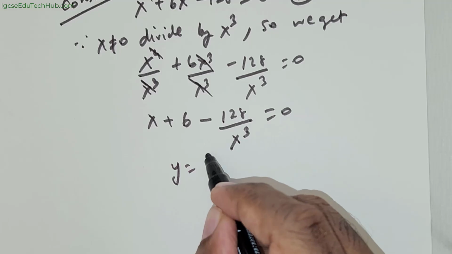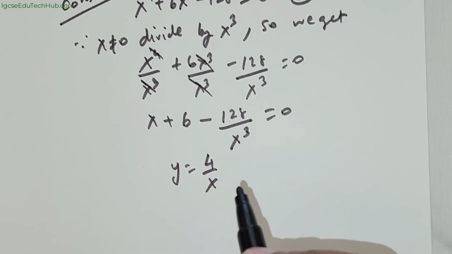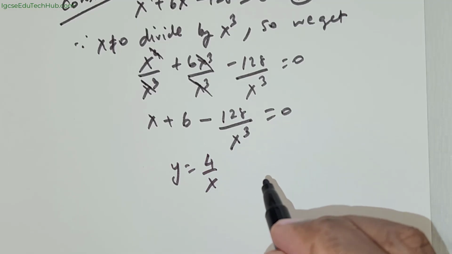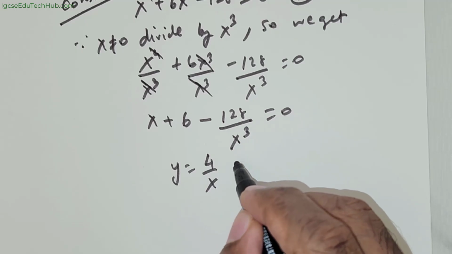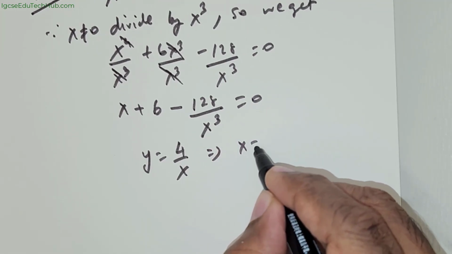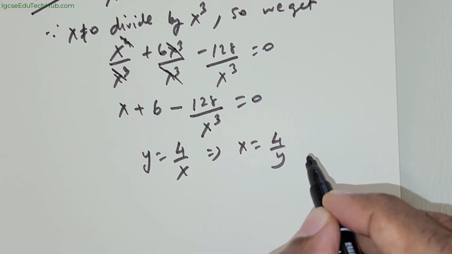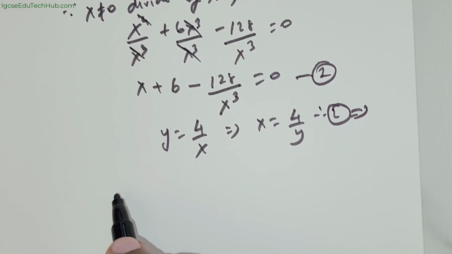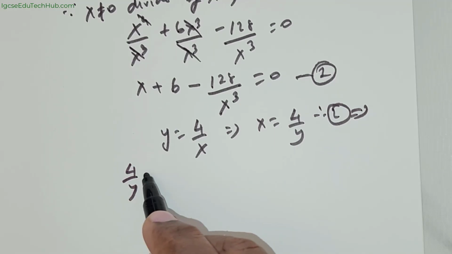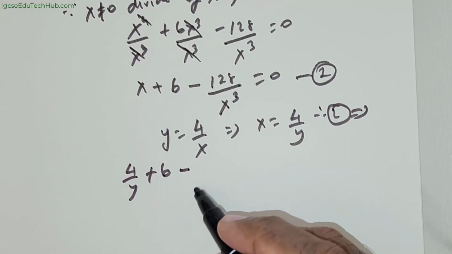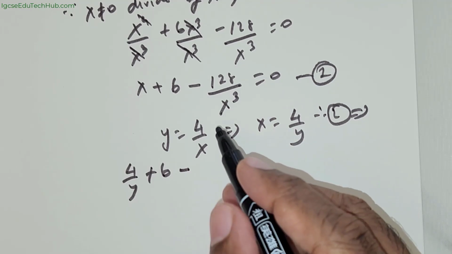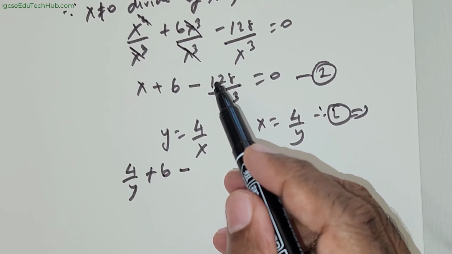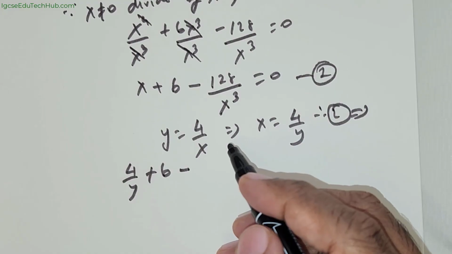Now let me take y is equal to 4 over x, and from here this would mean x is equal to 4 over y. So if I take this as 2, I can rewrite 2 as 4 over y plus 6 minus, now you got this 128, right?